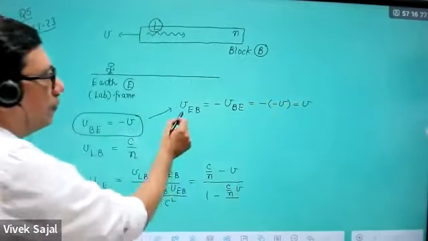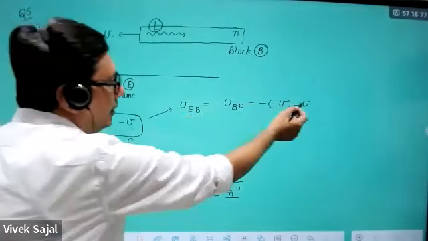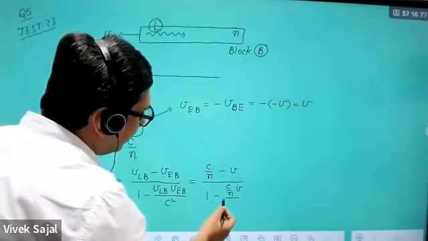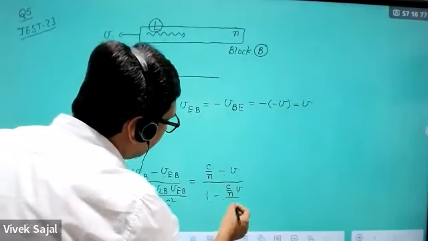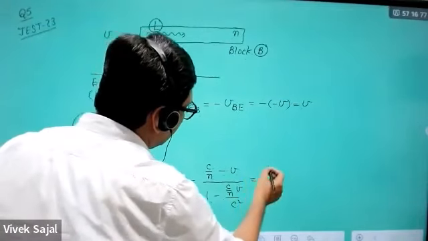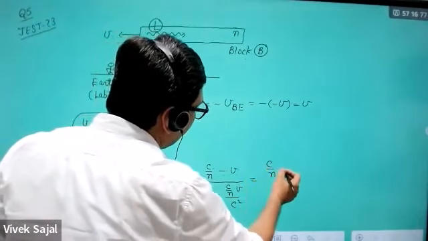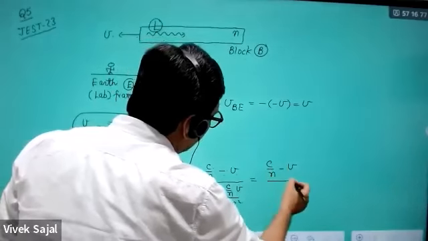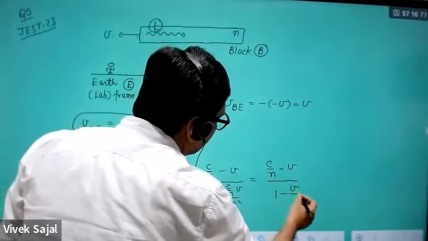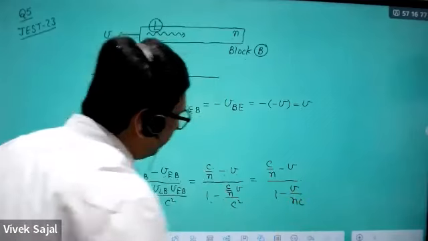So the velocity of Earth with respect to beam is V. So c by n minus V divided by 1 minus c by n times V, and this will be c square. So it is going to be c by n minus V divided by 1 minus V by nc. This type of answer you are going to get.